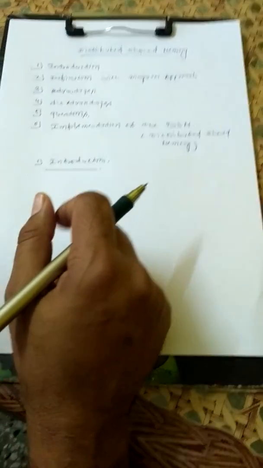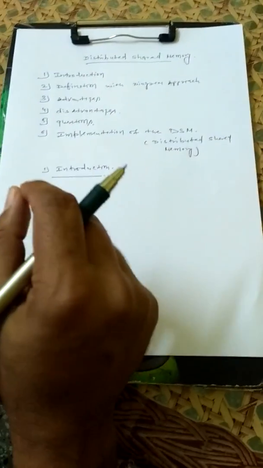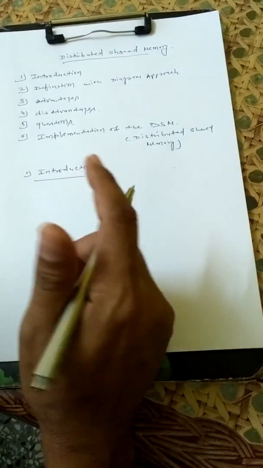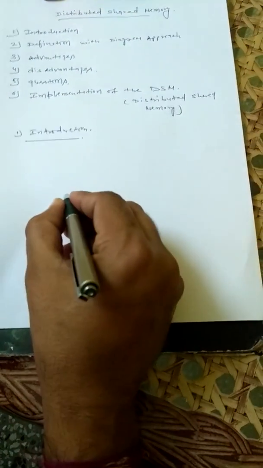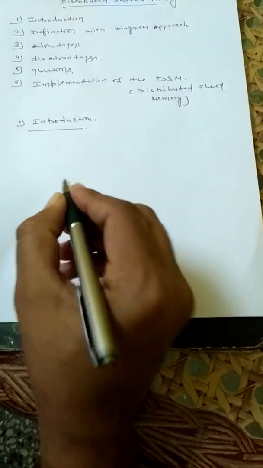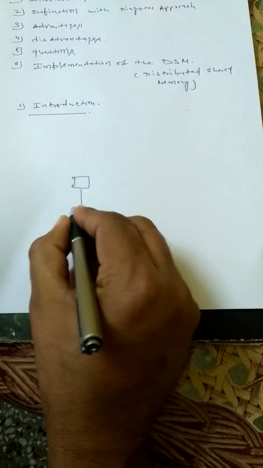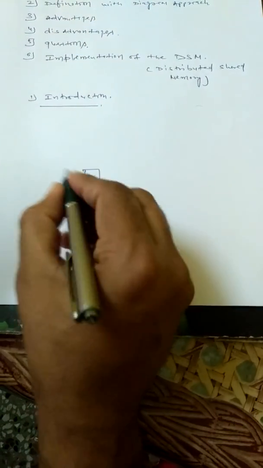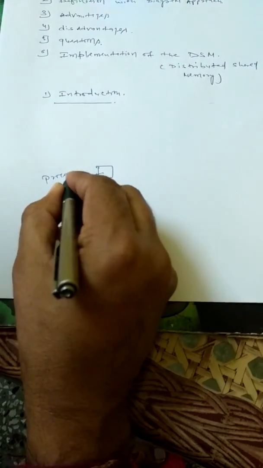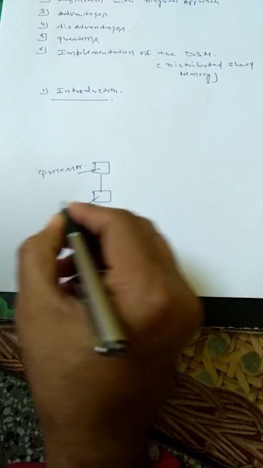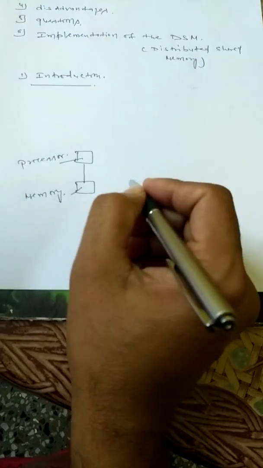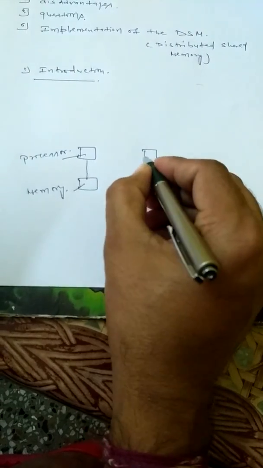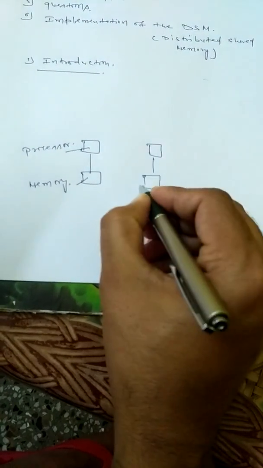Means, as we will see in the diagram approach, it will be something like a computer and its memory, or it may be the processor and its memory. It is one computer. It may be another processor and memory.